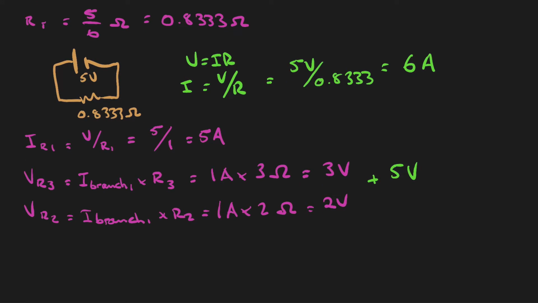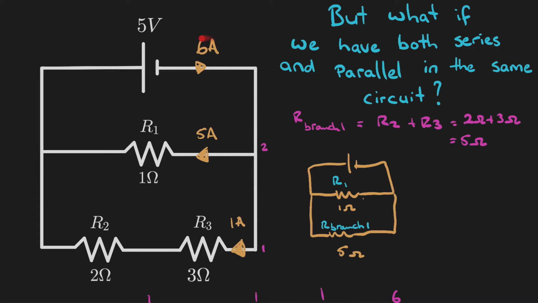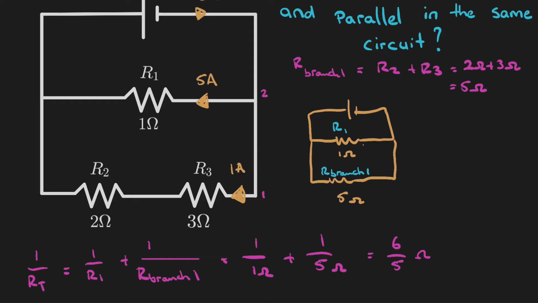So we found out that the current through R1 was actually 5 amps. And we did a bit of a cheat because we knew that the total current for this circuit was 6 amps. So therefore, the current flowing through this branch had to be 6 amps minus 5 amps. So we knew that there was going to be 1 amp.